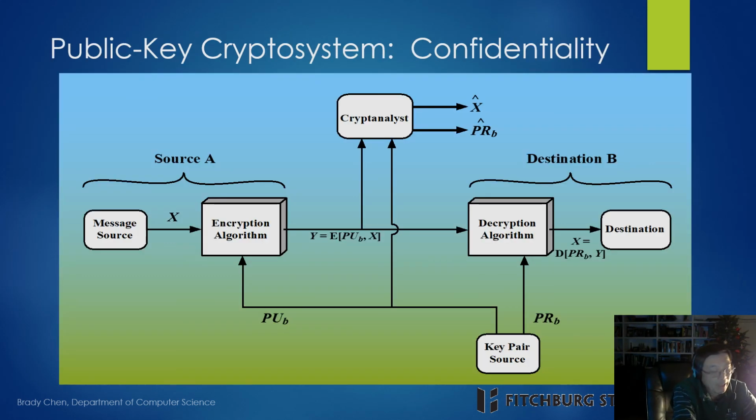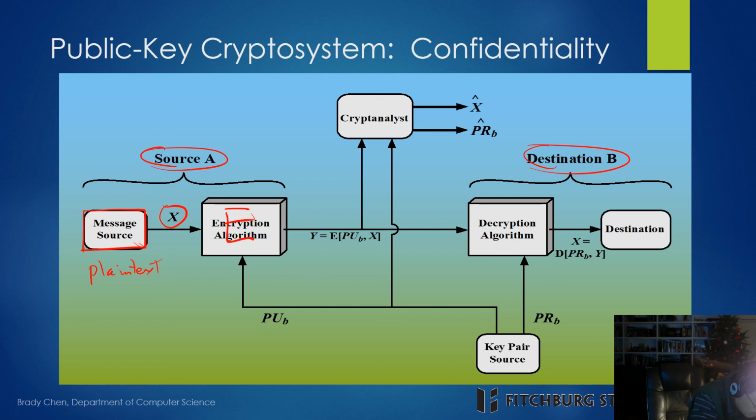So let's summarize what we talked about in the previous slides. Now we talk about the first scenario. The sender, we call source A, and the destination. Suppose that's the message the sender wants to send. The message we call X, that's the plain text. And then we use the encryption algorithm, and we call it E, right?